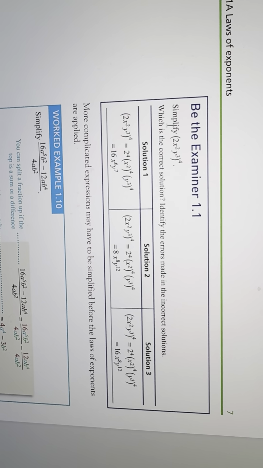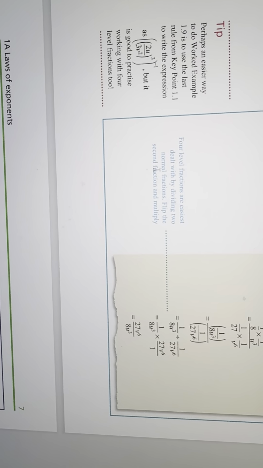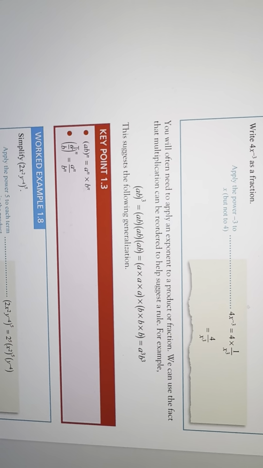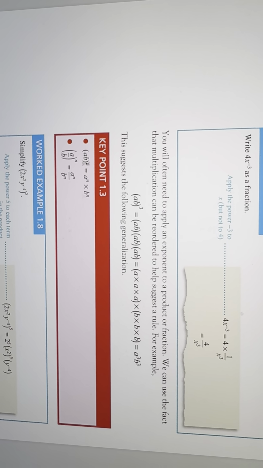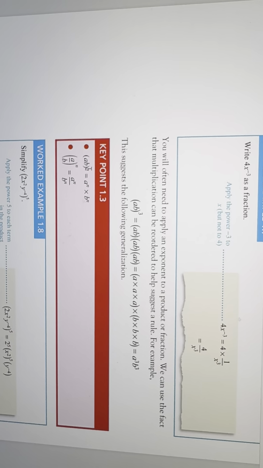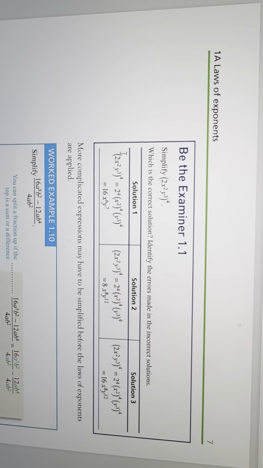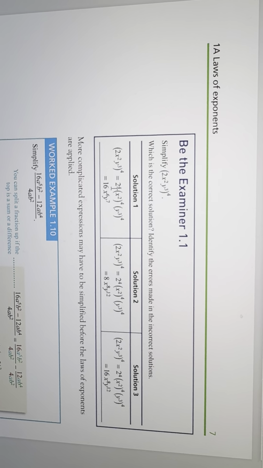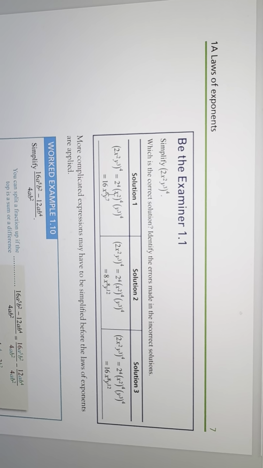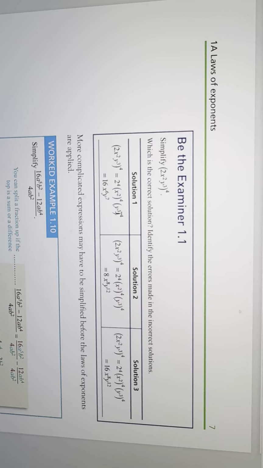Let's check. As the formula we have here, if we expand a bracket with an exponent, we should apply the power to everything, like 2 to the power of 4, x squared to the power of 4, y cubed to the power of 4.